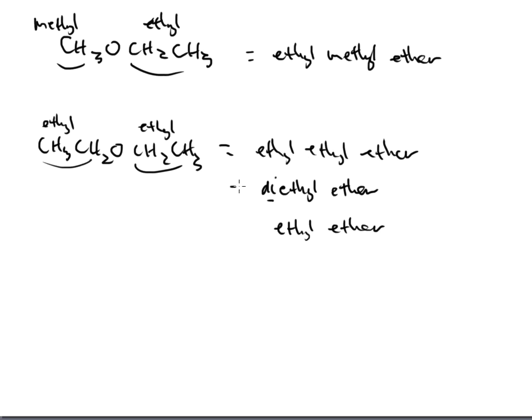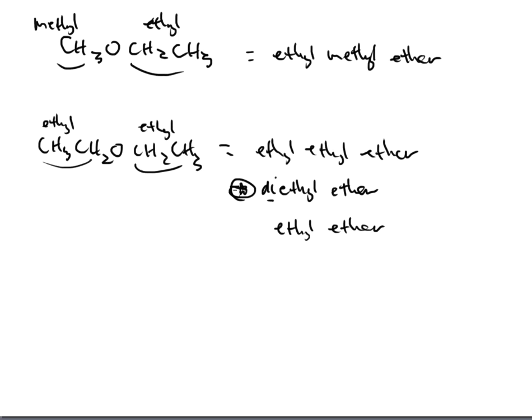Now, I still would prefer you to do this. On a test or on an assignment, I still would prefer you to put that prefix on there: diethyl ether. But if you do not put the word di in front, then we make the assumption, that's the key word, an assumption, that the ethyl groups are the same on both sides.